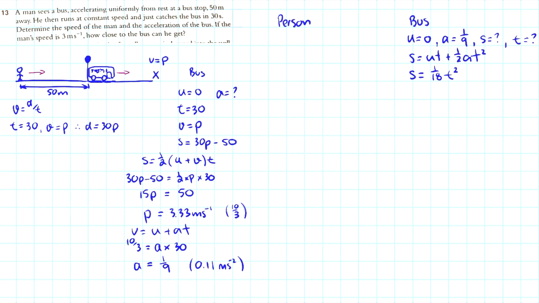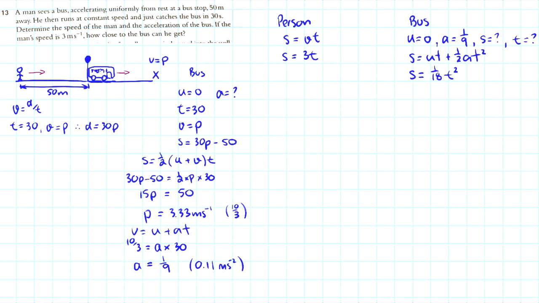So the person is running at a constant speed now. Velocity is distance on time, and their speed is 3, and so the distance is the velocity multiplied by time. For the person, we know that their position is going to be 3 multiplied by t. But it's not 3t exactly, because they're behind the bus and we put the origin at the bus.